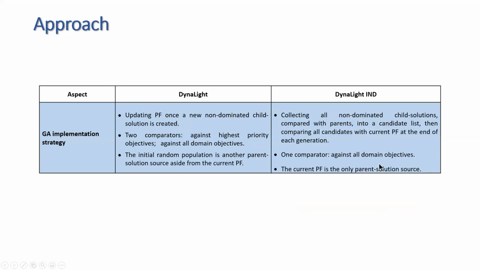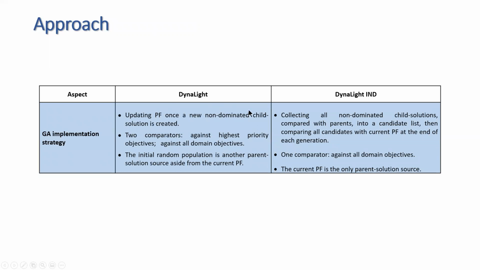And for the aspect of genetic algorithm implementation, we can see that there are 3 differences, and all of these differences can influence the efficiency of evolution and computation.